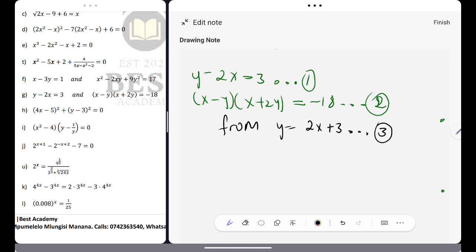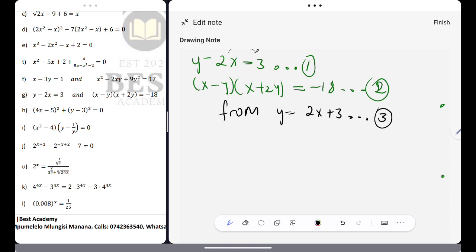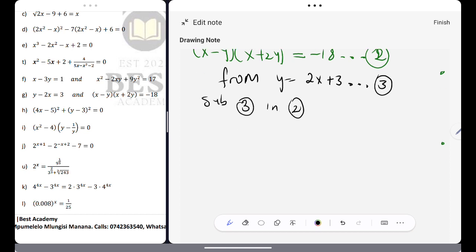This is equation 3. When this guy jumps the equal sign, it changes its sign, it becomes positive 2x. Right, together. And then all I need to do is to substitute equation 3 in equation 2.